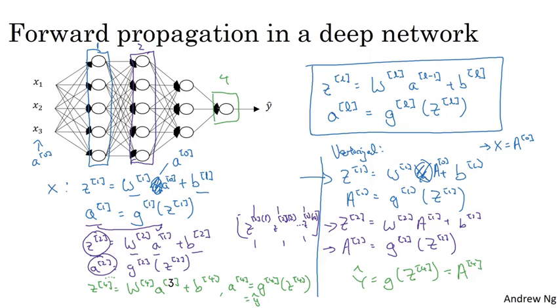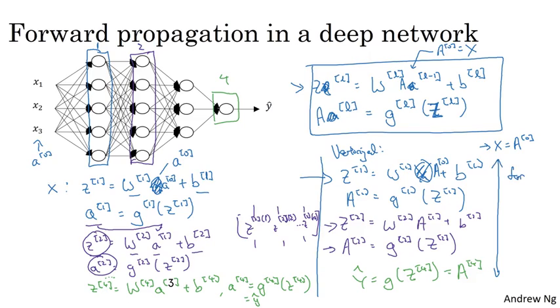So just to summarize, our notation allows us to replace lowercase z and a with the uppercase counterparts, and that gives you the vectorized version of forward propagation that you carry out on the entire training set at a time, where A0 is X. Now, if you look at this implementation of vectorization, it looks like there is going to be a for loop here, right?